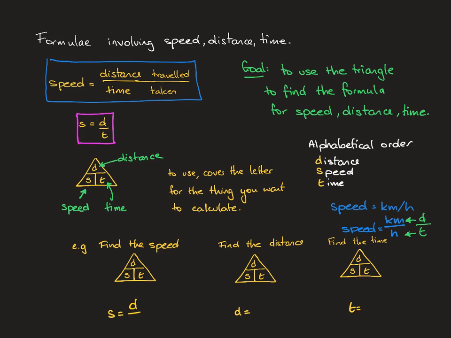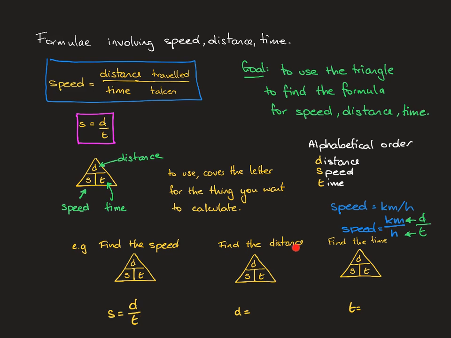The D sits up above the T. So let me go through that again. If you're after speed, we cover up the speed, where S equals, and then the rest of the triangle looks like D over T. And that's our formula, D over T.